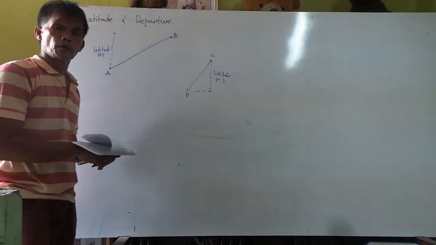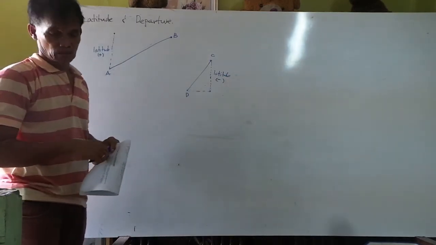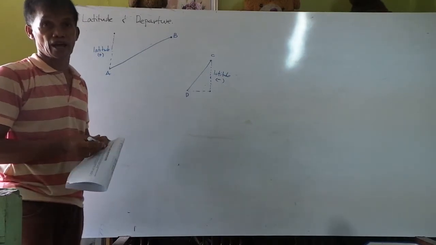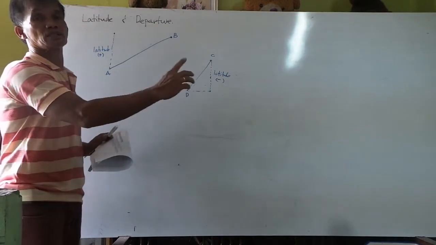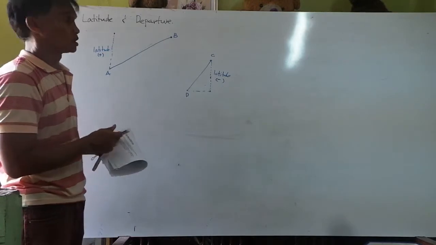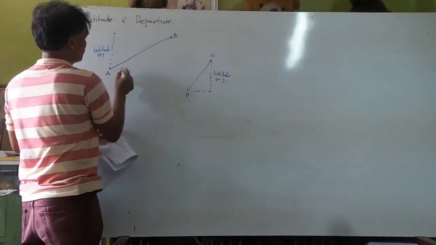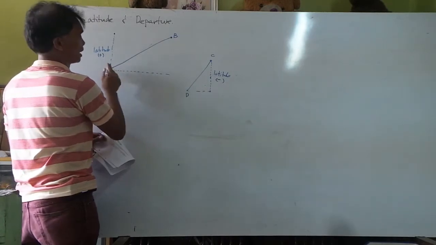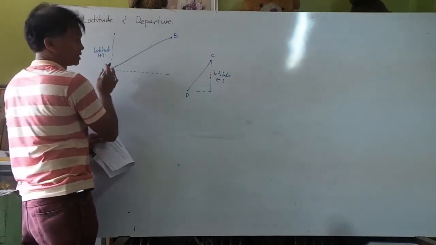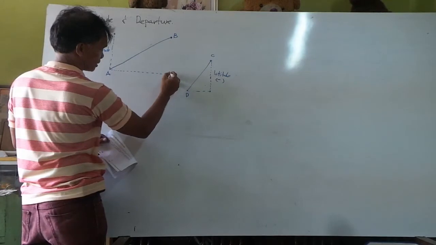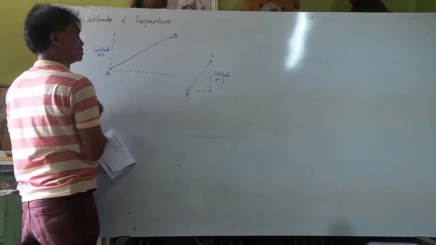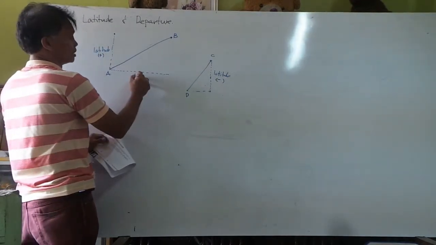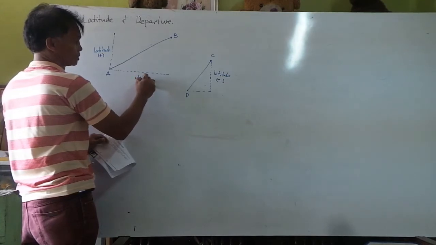Now, we call the other one departure. The departure is a projection of the line going to the west or to the east. So for this line AB, the projection is going to the east. This is what we call departure.